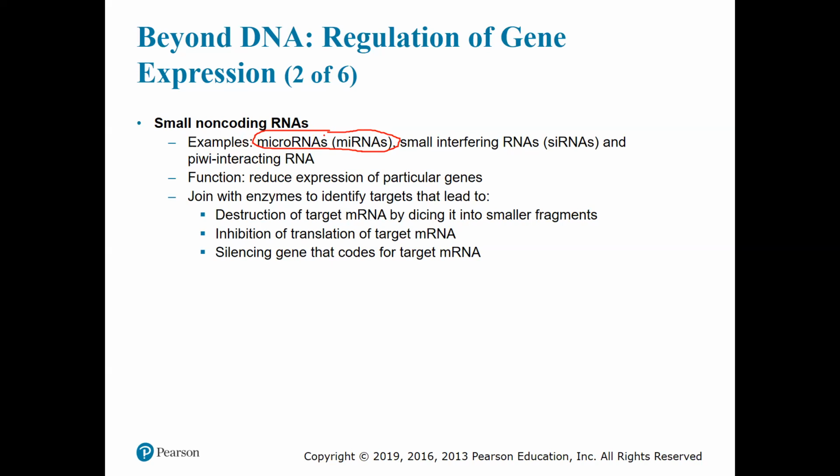Their function is to decrease expression of a particular gene, and they will essentially join forces with enzymes and target gene regions that might need to be broken up into smaller pieces, so they can actually destroy target mRNA. They can inhibit translation of target mRNA, or they can silence a gene that targets mRNA.